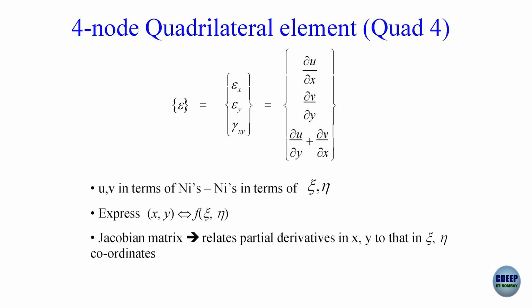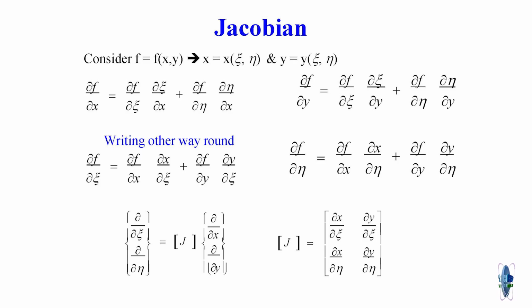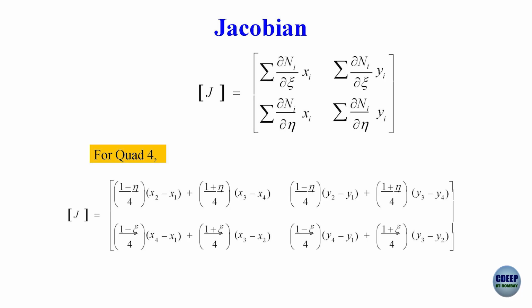So, how do I get the derivatives? We discussed the Jacobian. I went through the derivation of the Jacobian and we also wrote it down for a quad 4 element. We saw that it will always be a 2 by 2 matrix because we are relating two coordinates xy to two coordinates zeta eta.